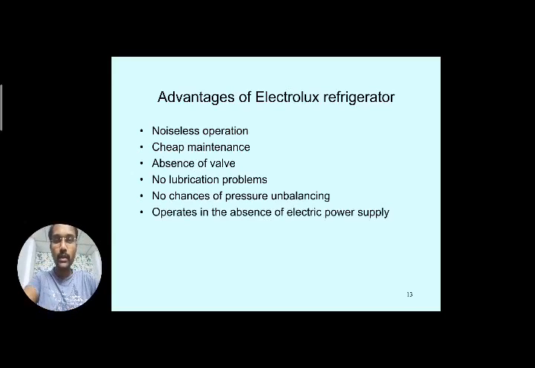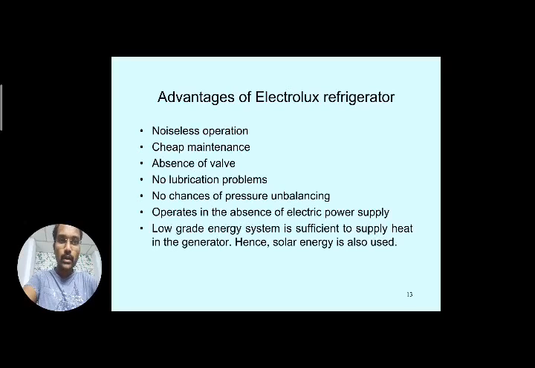I hope you understood there is no supply of any electricity in this case. For example, instead of a heater, if you use an electric burner, there is a supply of electricity, or you can use a burner directly. So we can completely eliminate the electric power supply. Okay. And a low grade energy system is sufficient to supply heat in the generator, hence solar energy is also used.